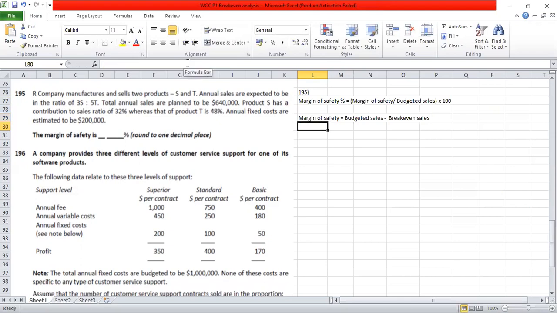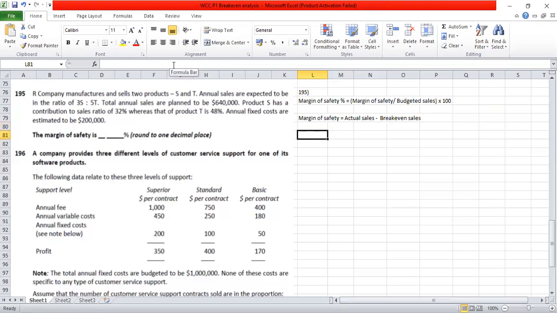Budgeted sales or actual sales, it doesn't matter, it is a sales level which is given. So we can put it here as actual sales. At the time of planning it is called budgeted sales; if the real scenario is present to us, it is called actual sales. Any sales level which is over and above the break-even sales is the margin of safety.